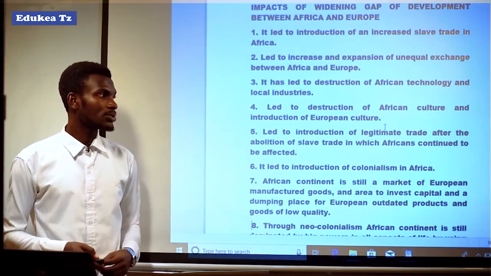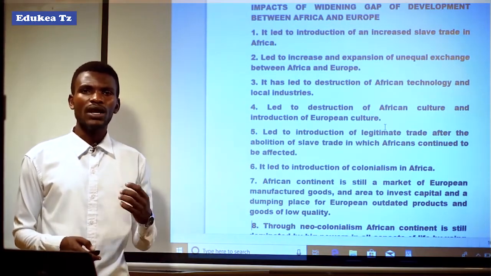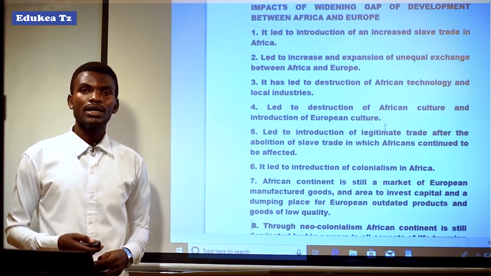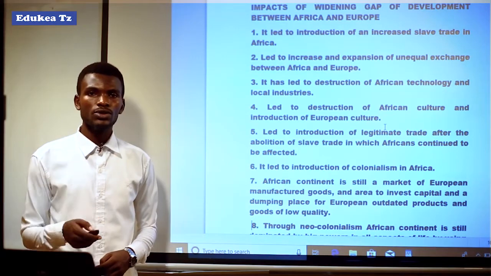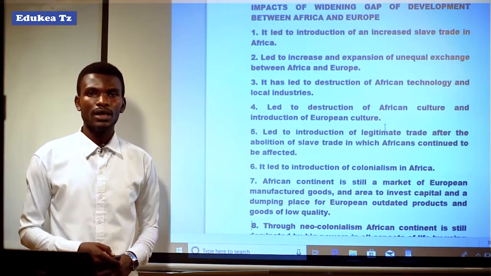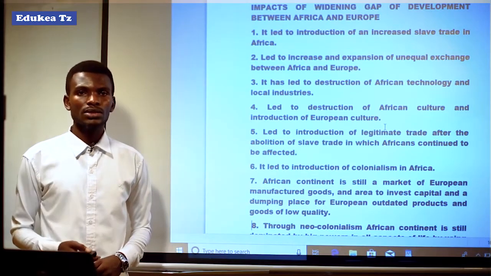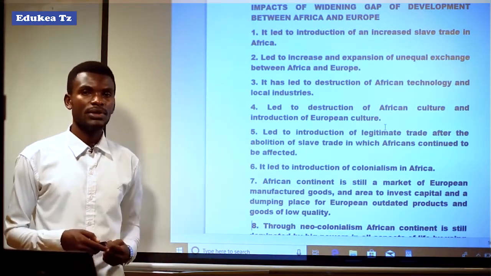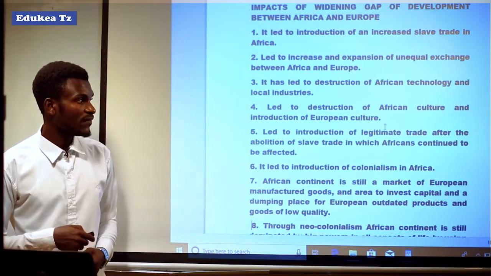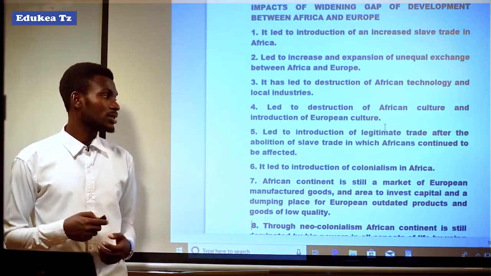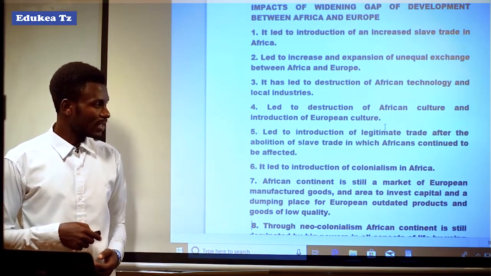And that legitimate trade increased the exploitation of African resources, whereby unequal exchange, the importing of priceless goods into Africa and exporting the valuable resources from Africa, was taking place and increased to a large extent. So the Africans have been exploited and affected by that legitimate trade.